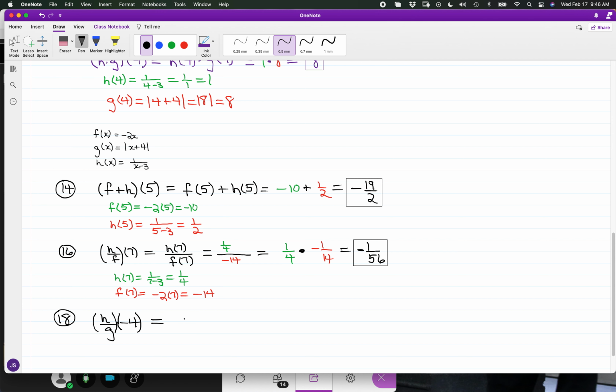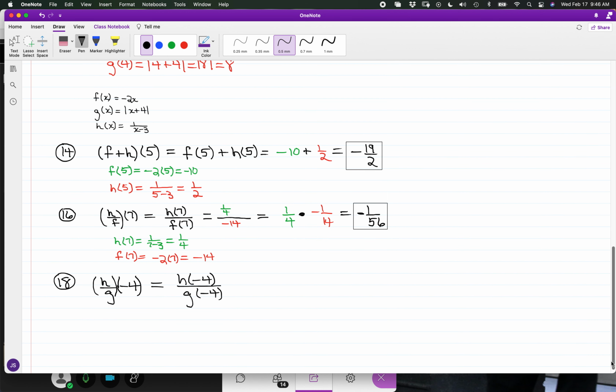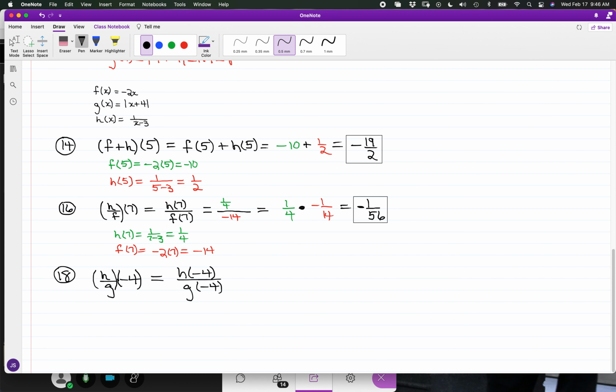Okay, so we're going to have h of -4 all over g of -4. And just specifying the inputs. Okay, so we're involving h of x and g of x with the input at -4.